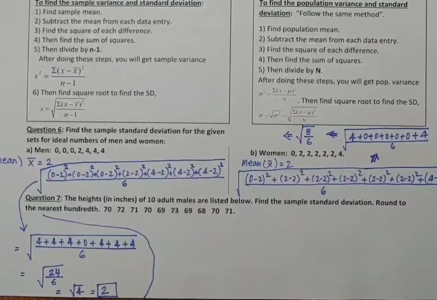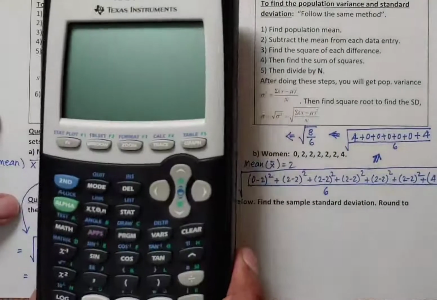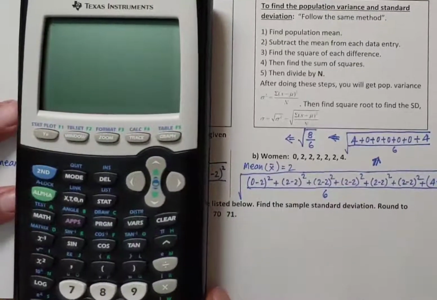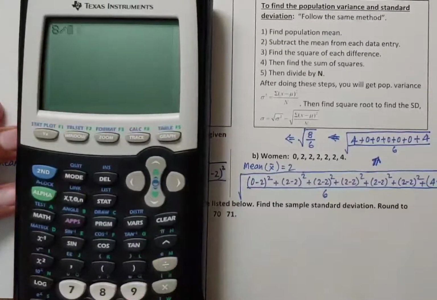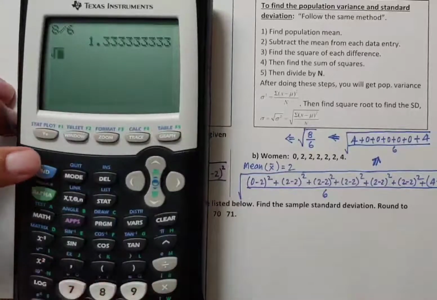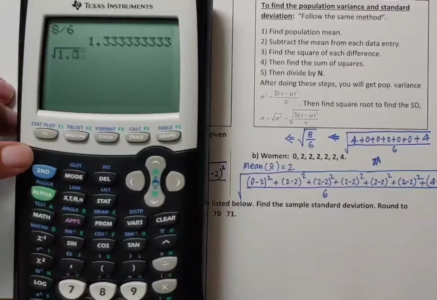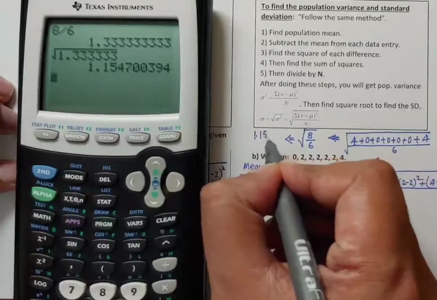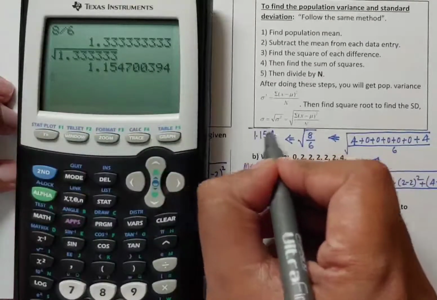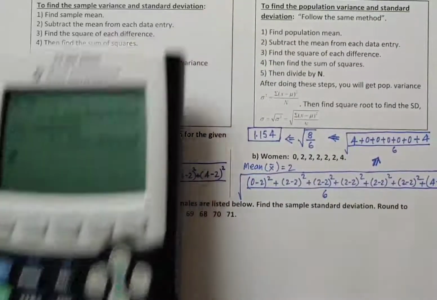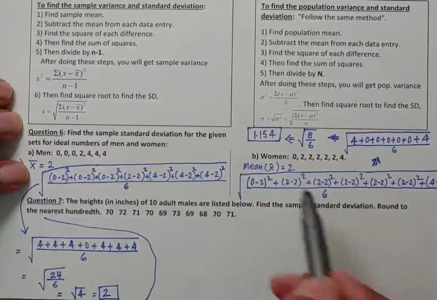Let's do it by calculator: 8 divided by 6 equals 1.33, and the square root of 1.33333 is 1.154. This is the standard deviation for this data.